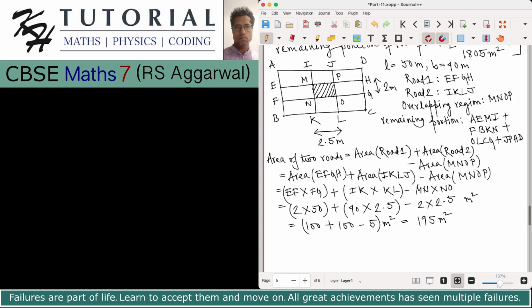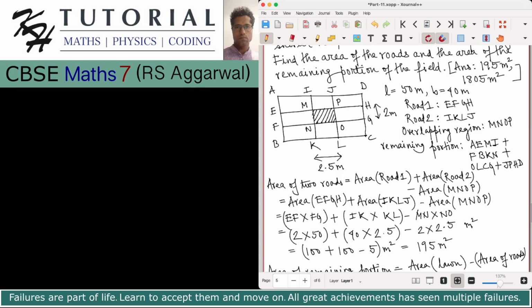But also, we can clearly say that the area of the remaining portion will be the area of the lawn, that is the whole rectangular lawn, minus the area of roads, area of the two roads.